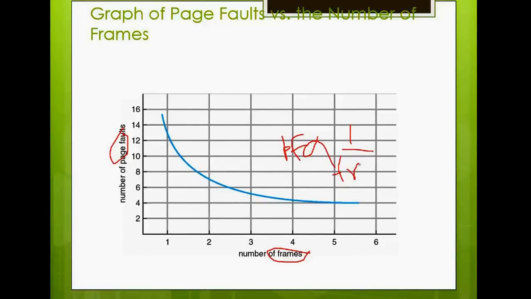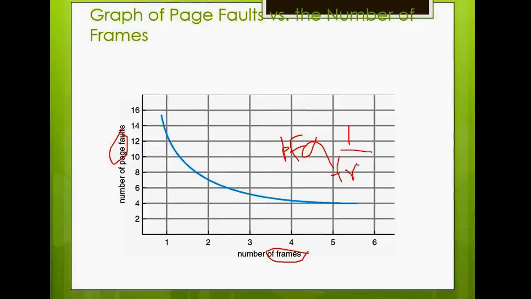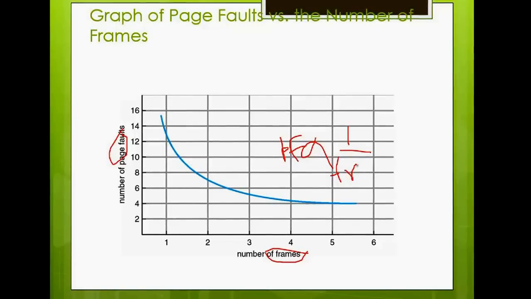So this graph clearly suggests that as the number of frames increases, the number of page faults decreases, or the better way of saying this is that as the frame size increases, the number of page faults decreases.